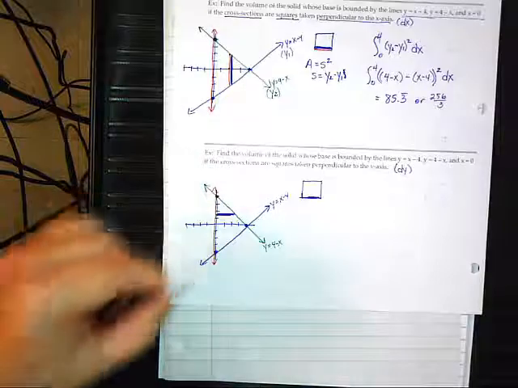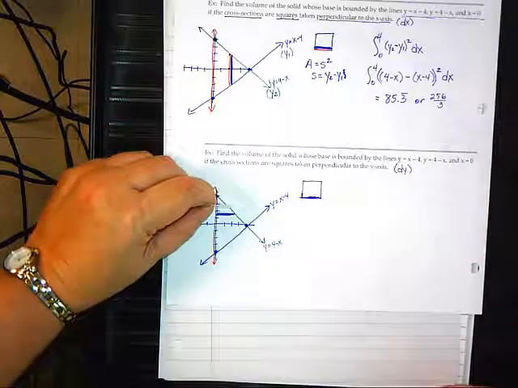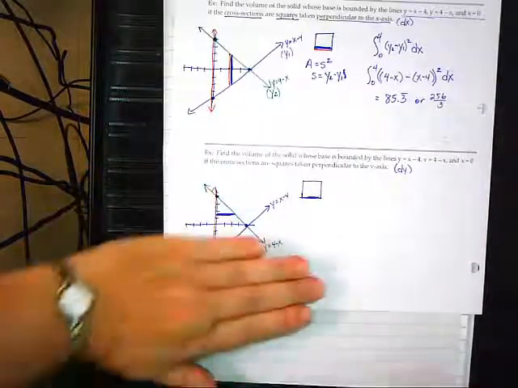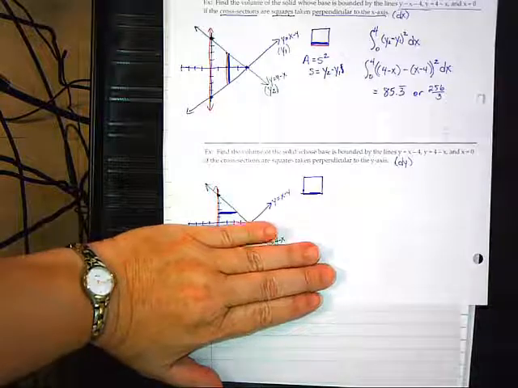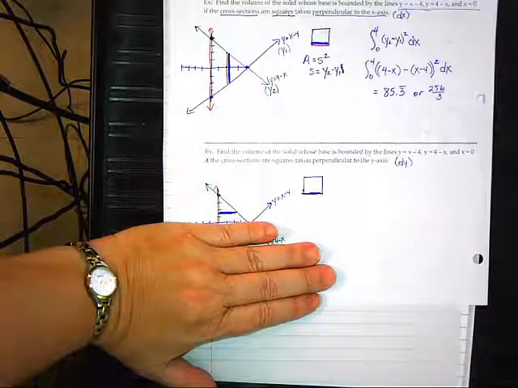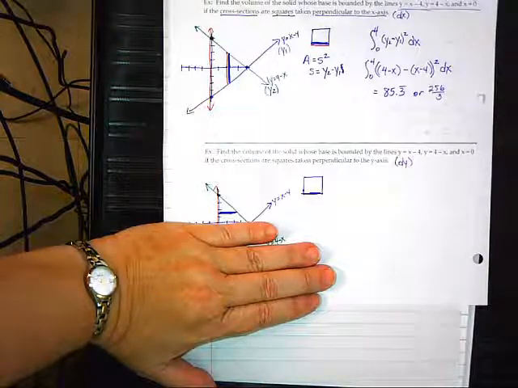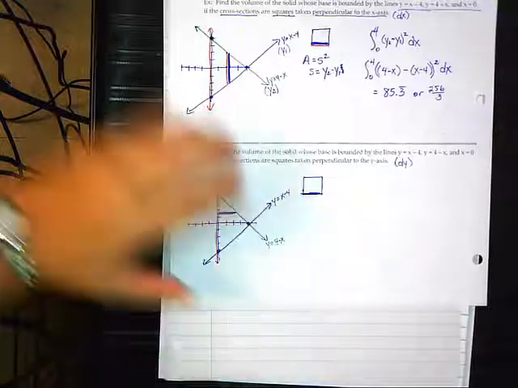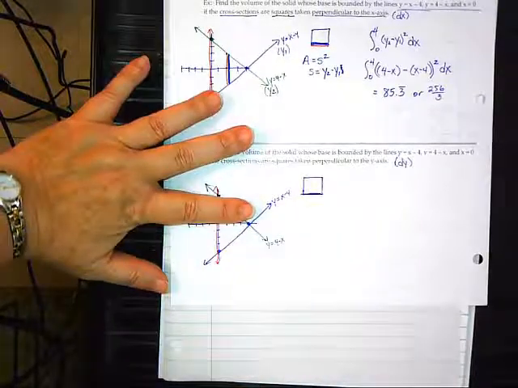Okay? Now, will the squares be symmetrical in size on the top half of this graph as compared to the bottom half? Yes.